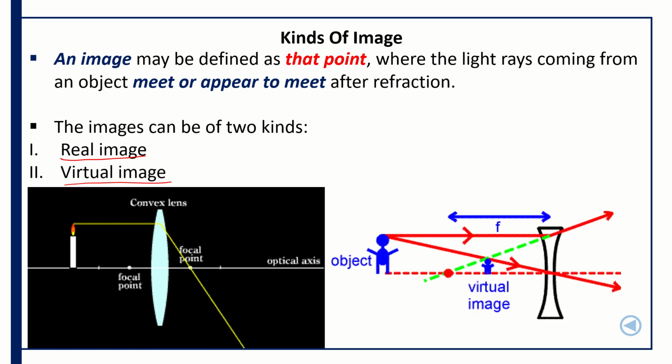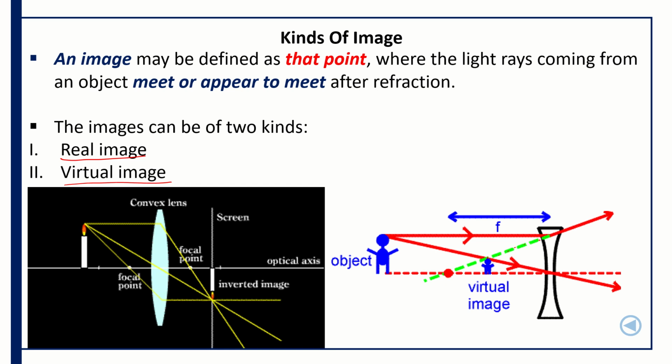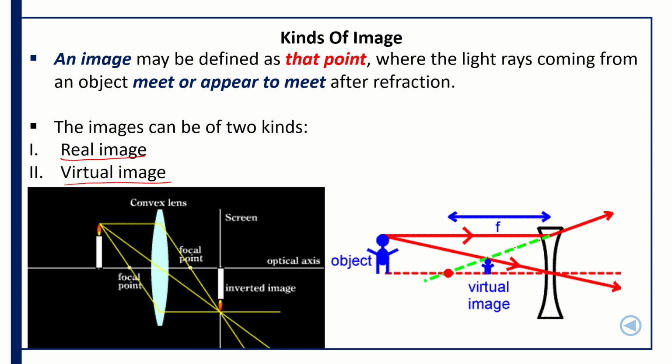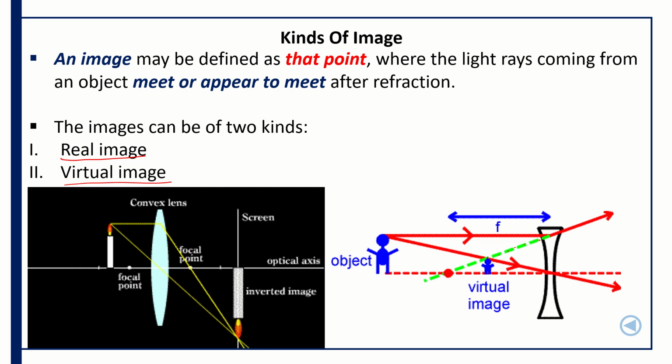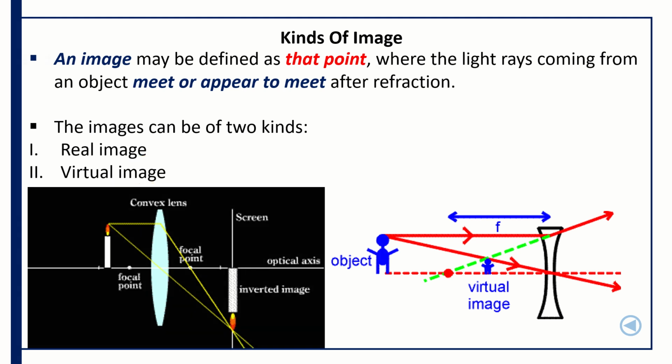In case of concave lens, what is happening? After the emergence, we are extending those rays, right? And those imaginary rays, when extended, are creating the images. The formed images cannot be placed on a screen. So such images are known as virtual images, right?